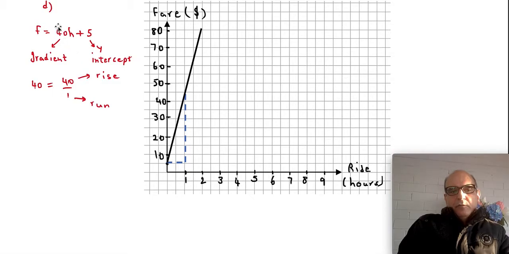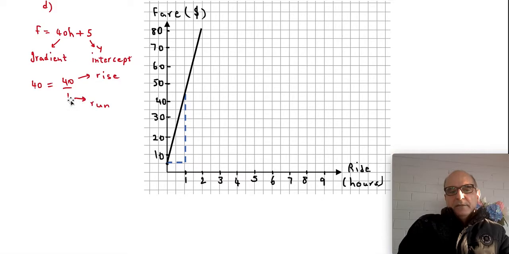That is 40, and that is the gradient. And we know 40 can be written as 40 over 1. Now, in this form, the top value is the rise and the bottom value is the run.